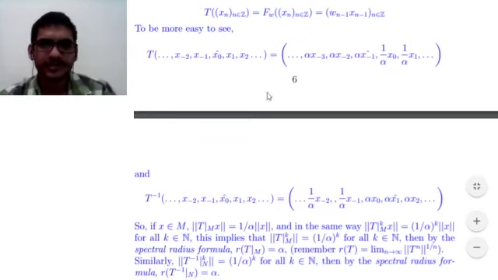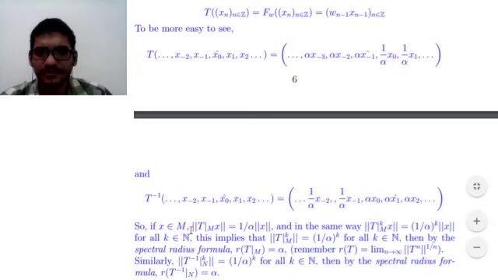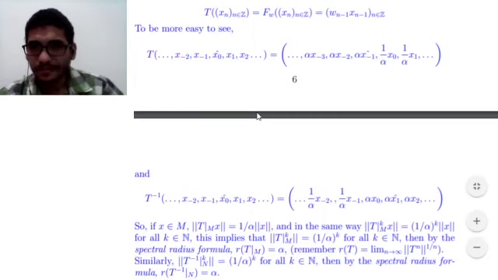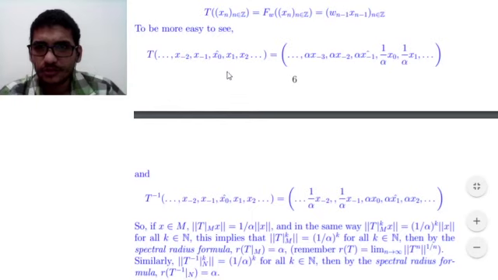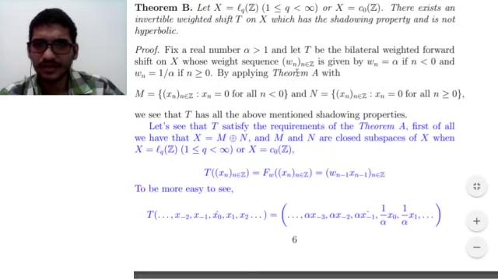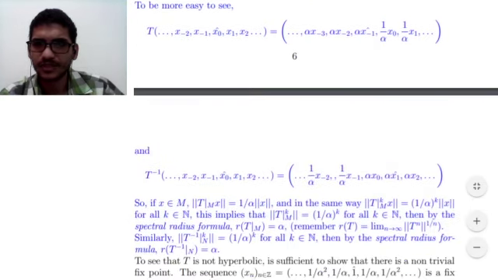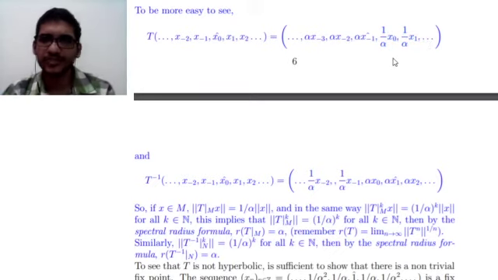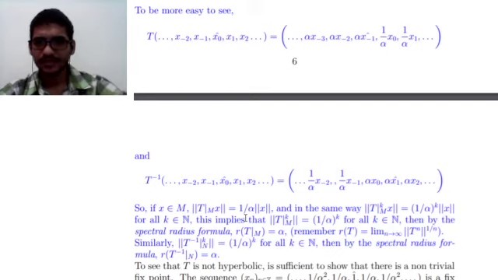Now looking at this, you can see that if you take x in M, when you apply T to an x that is in M, remember that the negative coordinates are 0, so you can put these all zeros, and from x0, when you apply T, you will stay here, and there will be a contraction, so you will have this equality.